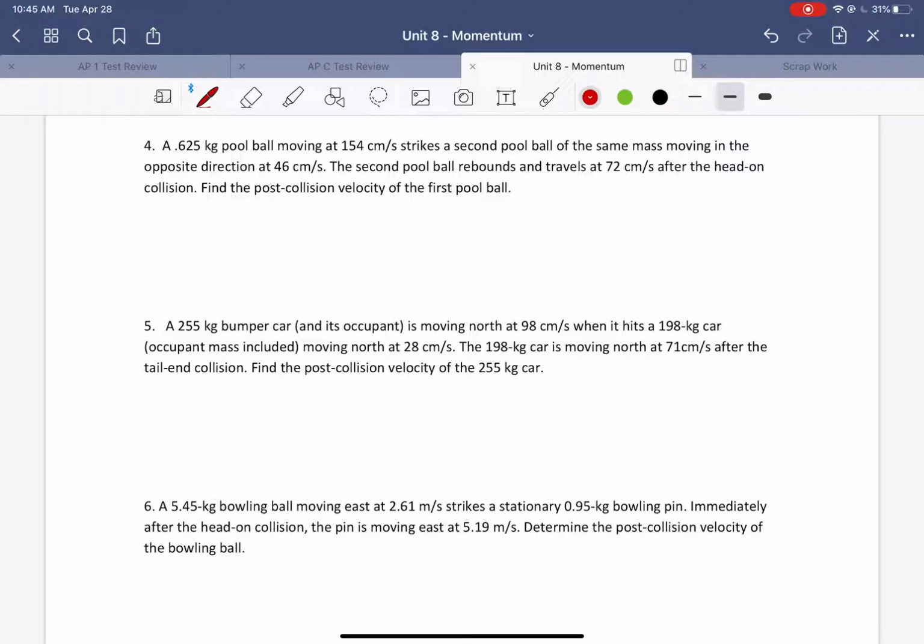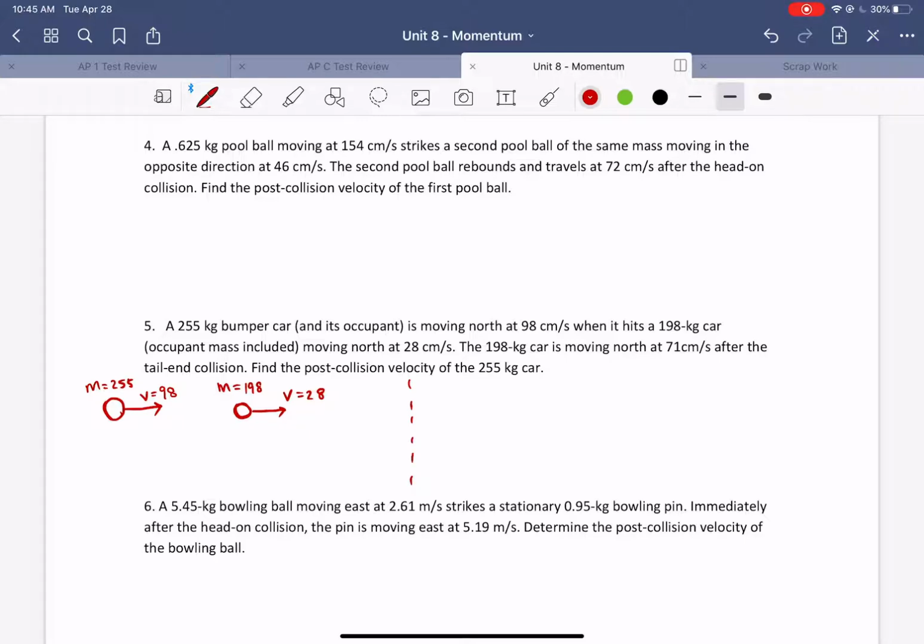All right, so we have one bumper car here with a mass of 255, and it is moving at 98 centimeters per second. And then that's going to collide with another cart that has a mass of 198, and it is moving also in the same direction at 28 centimeters per second. Okay, so that's my before picture.